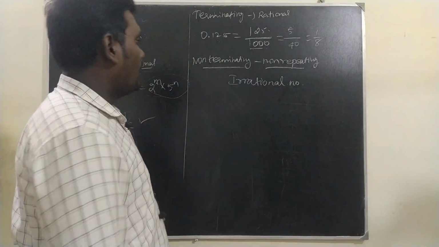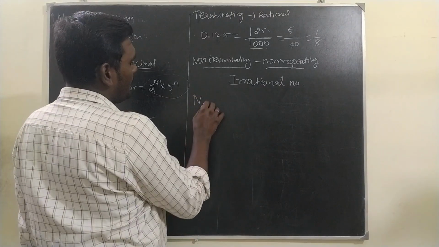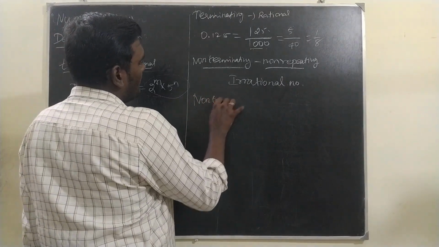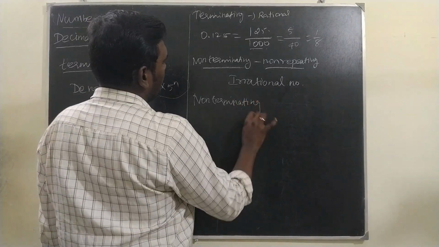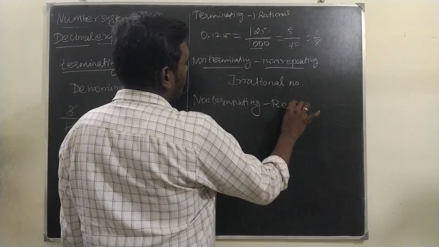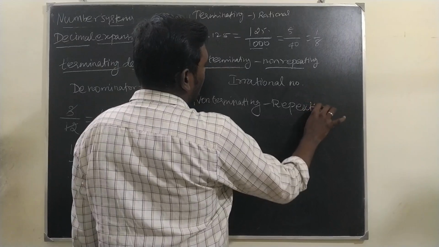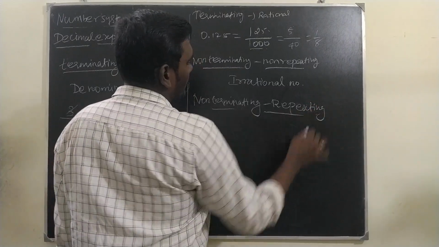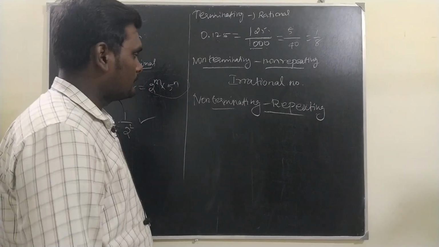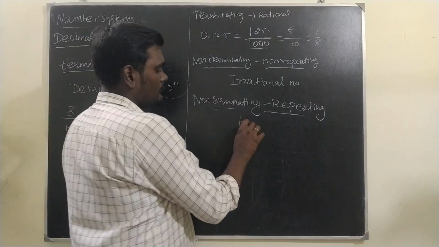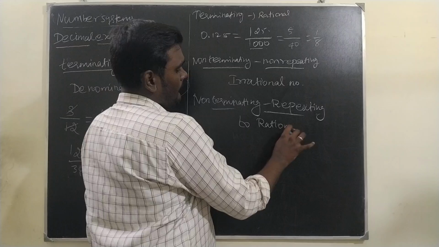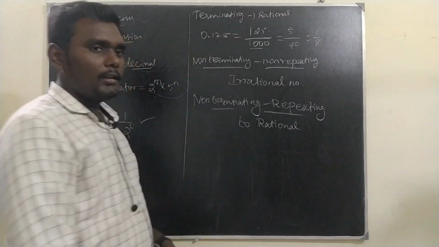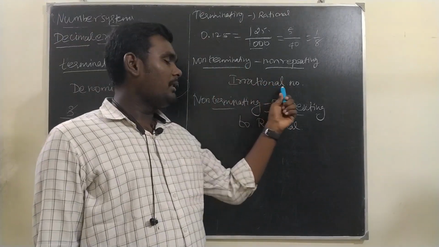Okay. Now, this non-terminating repeating decimal, will it be a rational number? Non-terminating, non-repeating means irrational number.